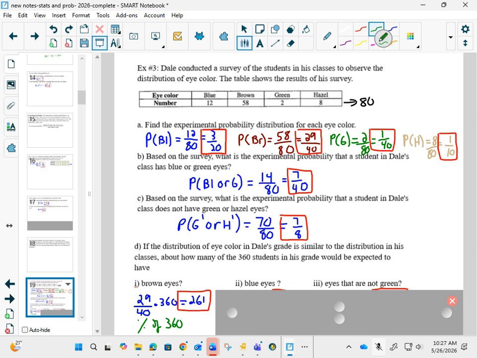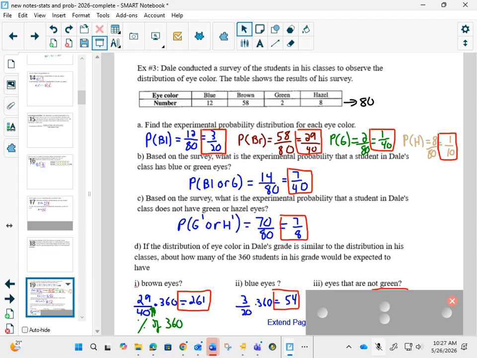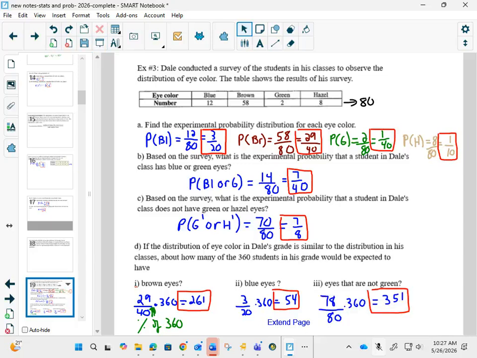I have the percentage here as the fraction. And whenever we do percentage of something, we multiply. So blue eyes, what is the percentage of blue eyes? 3 out of 20 times 360. 54 people would have blue eyes. Not green eyes. Green eyes was 1 out of 40. Not green would be 39 out of 40 or 78 out of 80. You would expect 351 of them to have not green eyes.